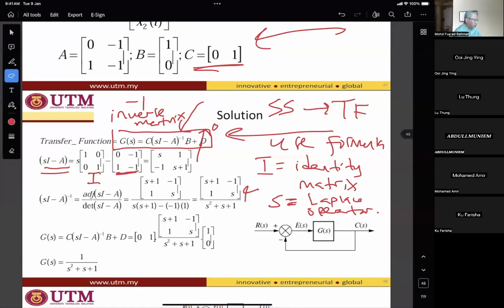I already showed it on the whiteboard. Then this value inside the formula, you multiply. So now is to multiply.